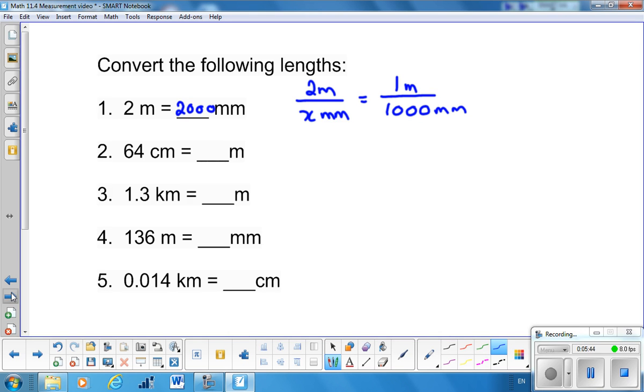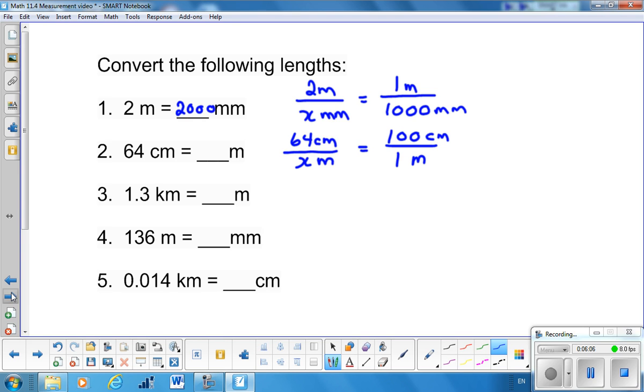The next one is set up so that 64 centimeters is how many meters? The conversion factor is that 1 meter is 100 centimeters. You'll notice that meters is on the bottom this time because that's the way the original part of the question was started.